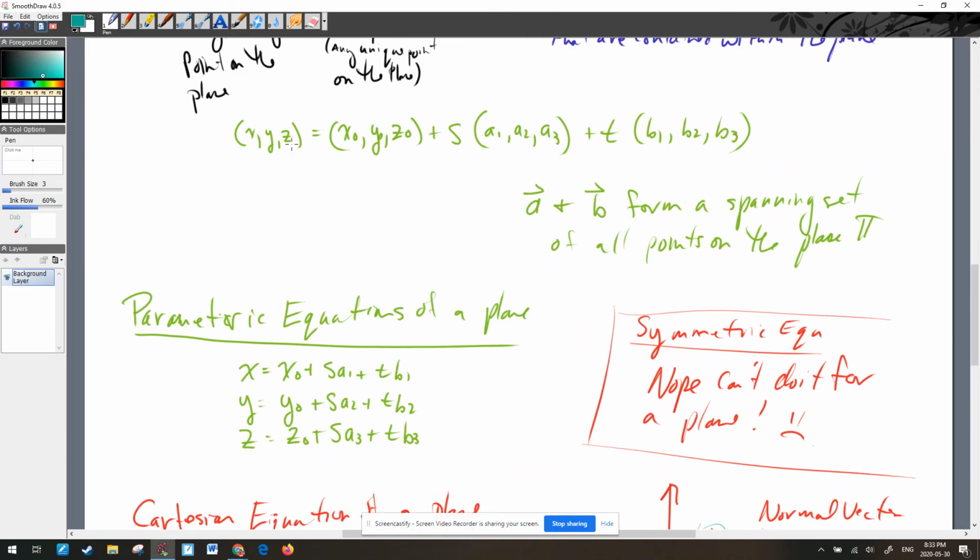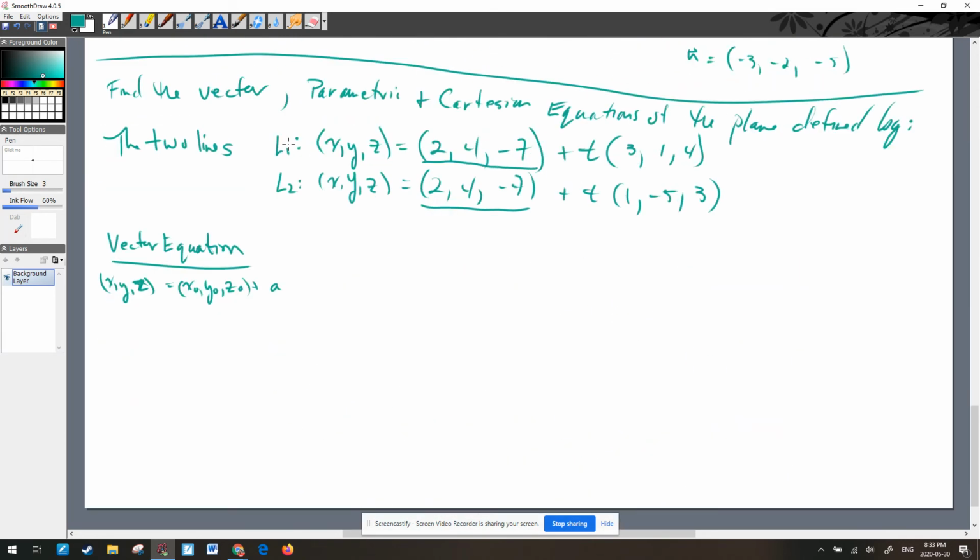I always change it around. S, okay, plus s times direction vector 1 plus t times direction vector 2, where s and t are members of the reals.